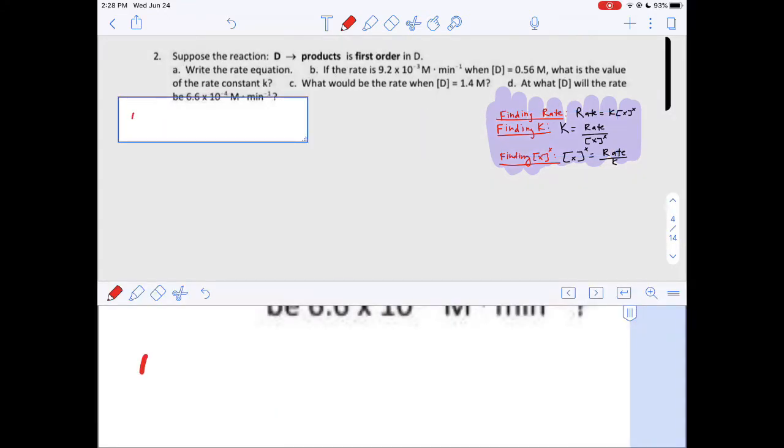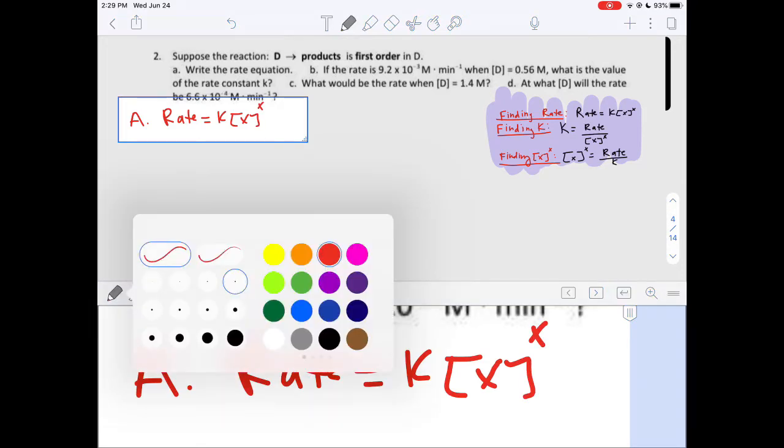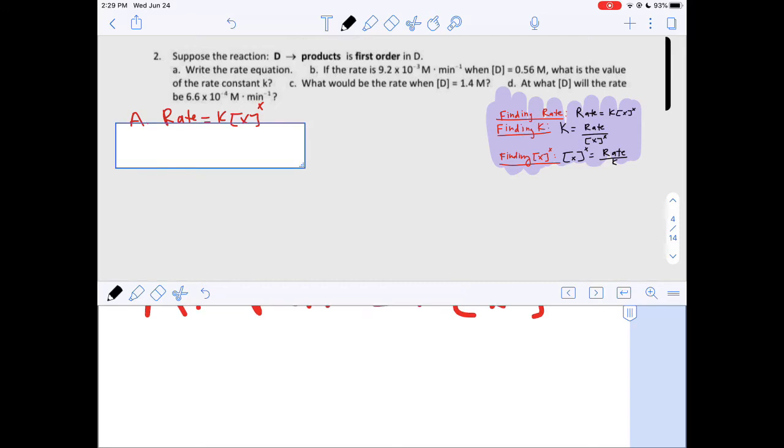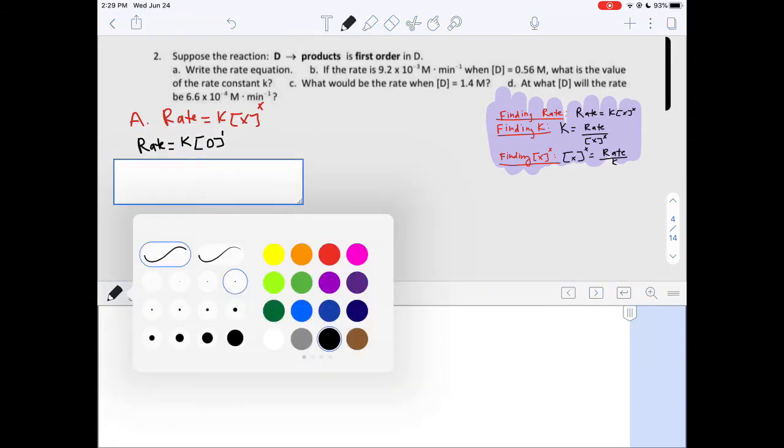So we know that the basic setup for any rate law is rate equals K times the concentration of whatever you're asking about, to the order or power of whatever you're asked. So for question 2, rate equals K times D to the power of 1, because it's first order. That's literally part A. Easy peasy.